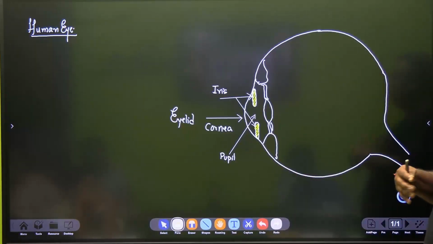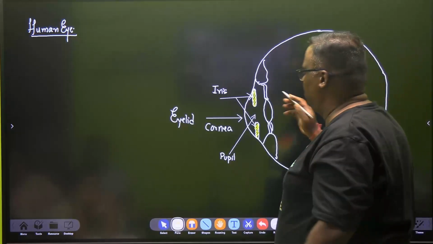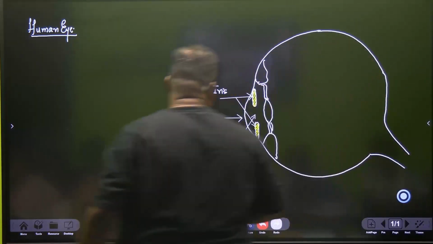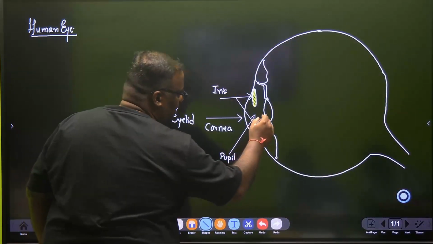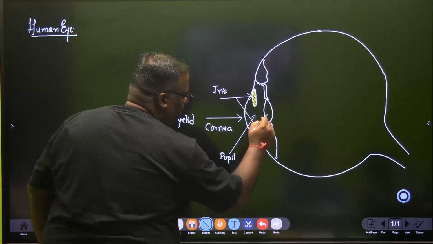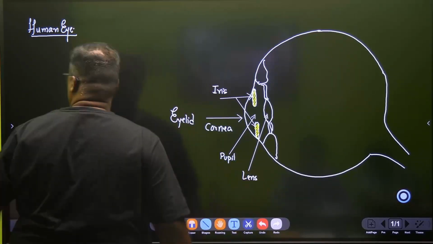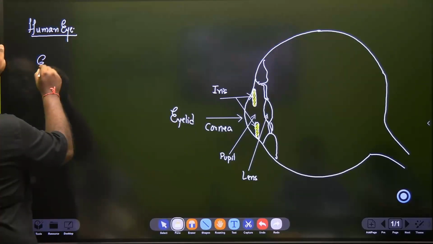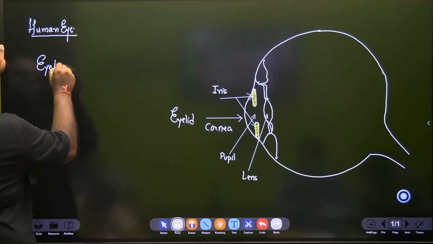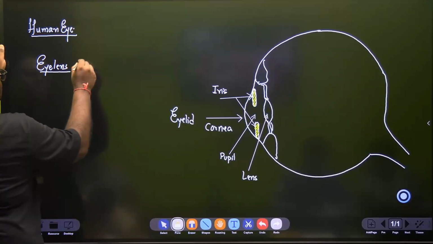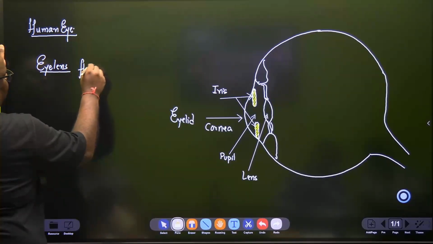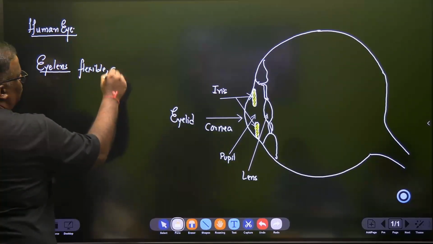In terms of physics, our entire study starts from this part, which is known as the eye lens. This is the lens of the eye, and this is the interesting part. The eye lens is flexible. It's also gelatinous.